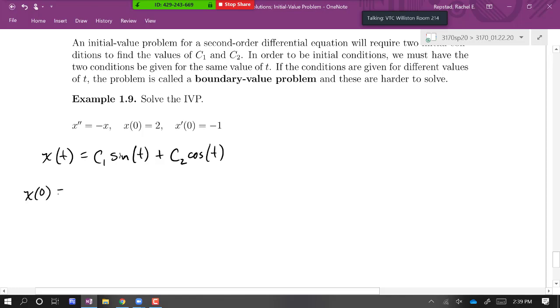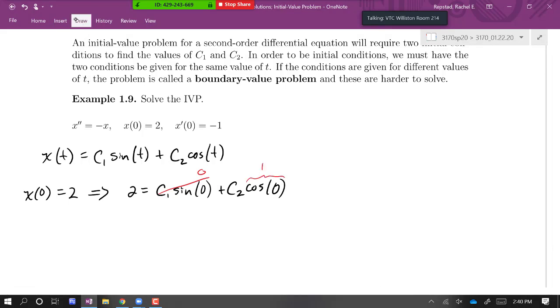So let's see what that gives us. 2 equals C1 sine of 0 plus C2 cosine of 0. 0 is a pretty convenient value. Sine of 0 is 0. Cosine of 0 is 1. So that's 0, this is 1. So 2 is equal to C2.